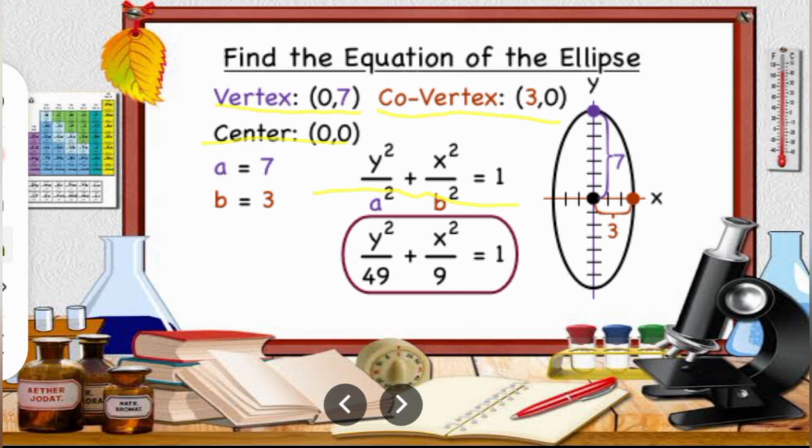So our a is equal to 7 and our b here is 3. If we graph this vertex and co-vertex, we can come up with this graph. This is our co-vertex and this is our vertex.